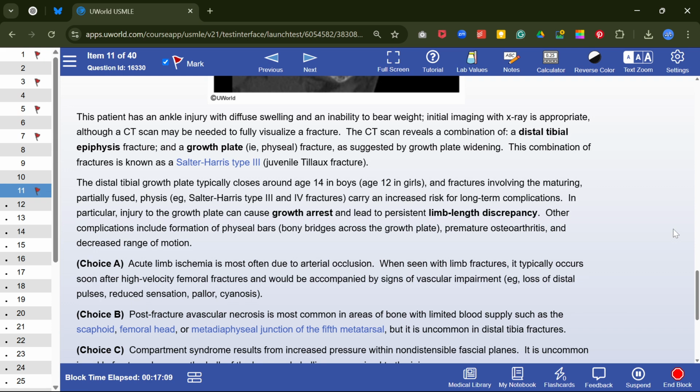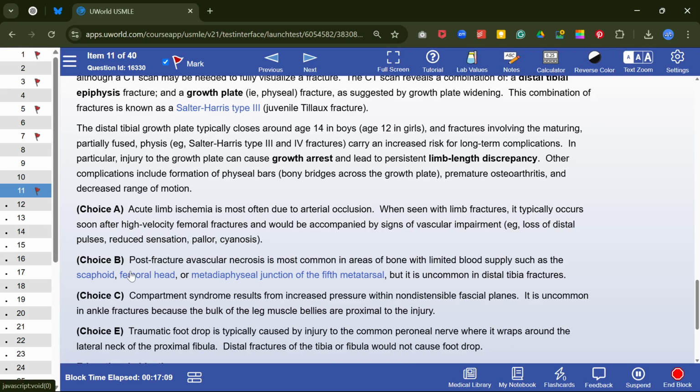In particular, injury to the growth plate can cause growth arrest and lead to persistent limb length discrepancy. Other complications include formation of physeal bars, bony bridges across the plate, premature osteoarthritis, and decreased range of motion.